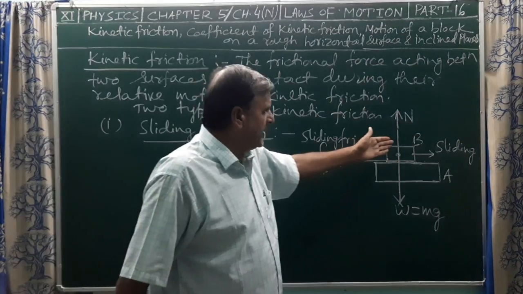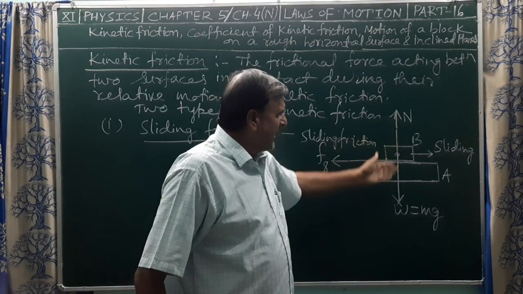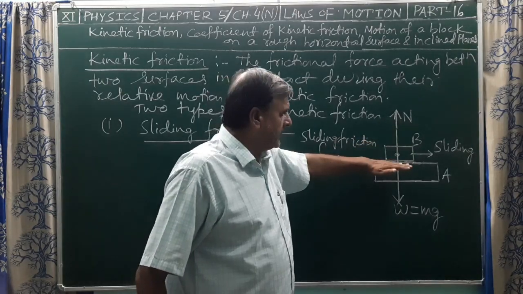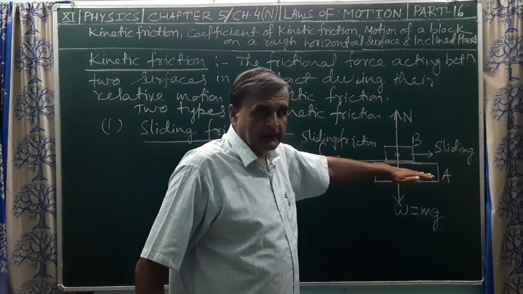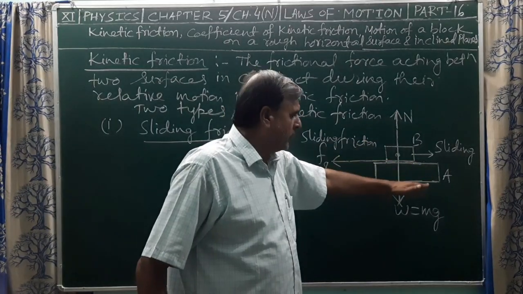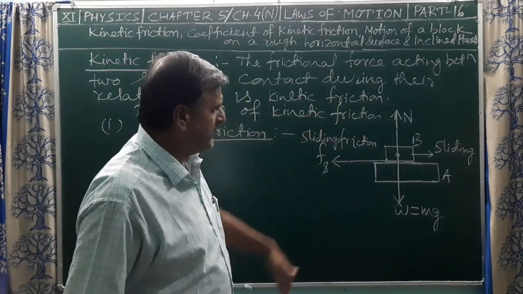So weight of the block B is balanced by the reaction force of the upper surface of the lower block A. That is N is equal to mg.